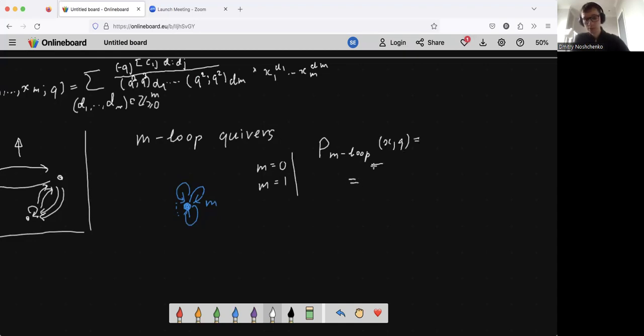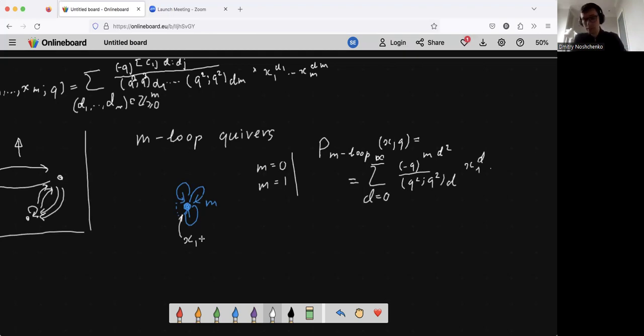So this would be just a sum over one integer d from 0 to infinity. And here in the exponent we have d squared, and x1 to the power d, where x1 is associated to this node.